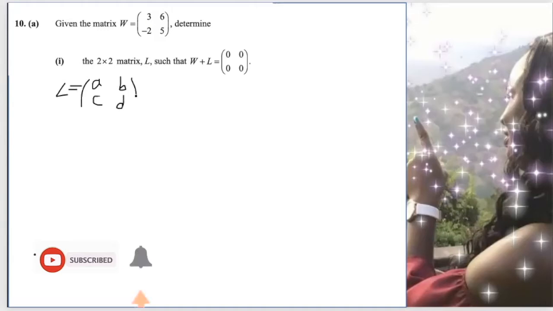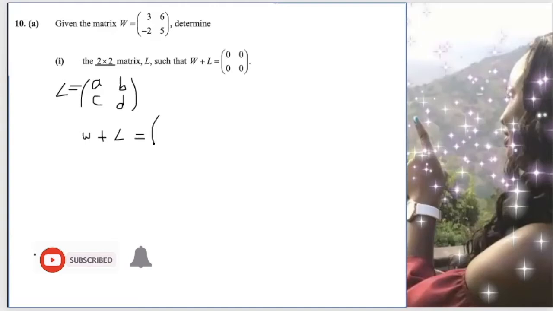So here we have the 2 by 2 matrix with the unknowns that I need to find: A, B, C, and D. And how did I know it's a 2 by 2? Because it was given in the question. Now I'm going to substitute it into the equation itself, where it says W plus L is equal to 0, 0, 0, 0.